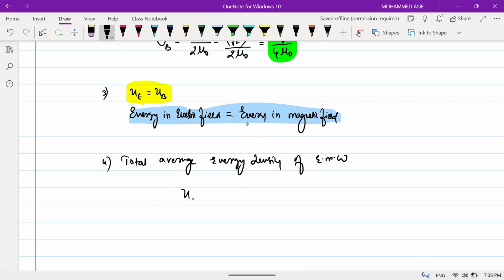So total energy density is equal to electric plus magnetic. If I add both of them, as they are the same, it will be 2 times the energy density of the electric field, or 2 times the energy density of the magnetic field. That means this value may be equal to half into epsilon naught into E naught square, or that will be equal to half into B naught square divided by mu naught. Very, very important formula, beta.